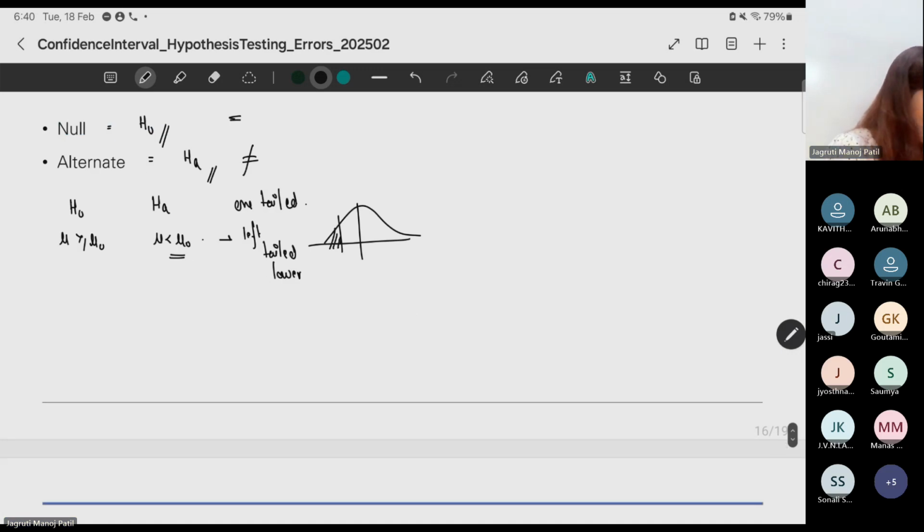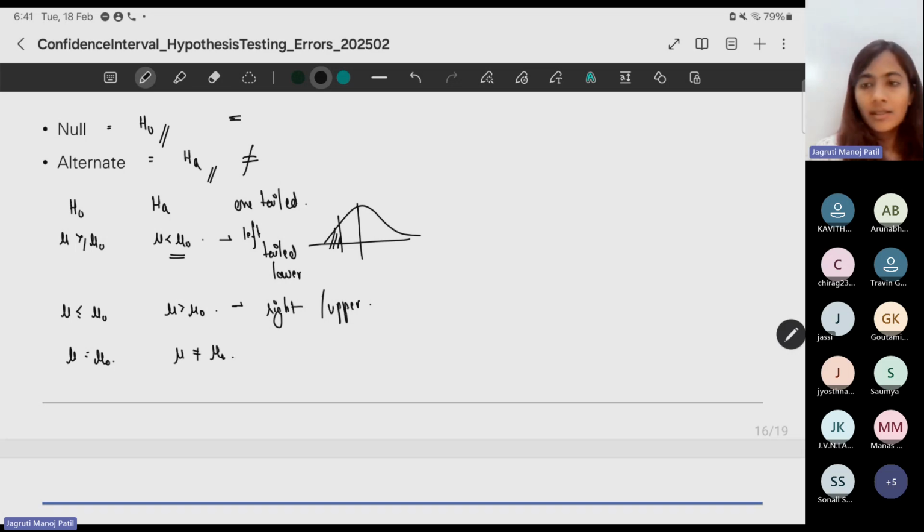Now if it's the direct opposite, and this is directly greater than it, what would it be? Right or upper tail. Of course, it is one tail. And then if it's equal in the null, and the alternative says it's not equal, then it's nothing but two tail.